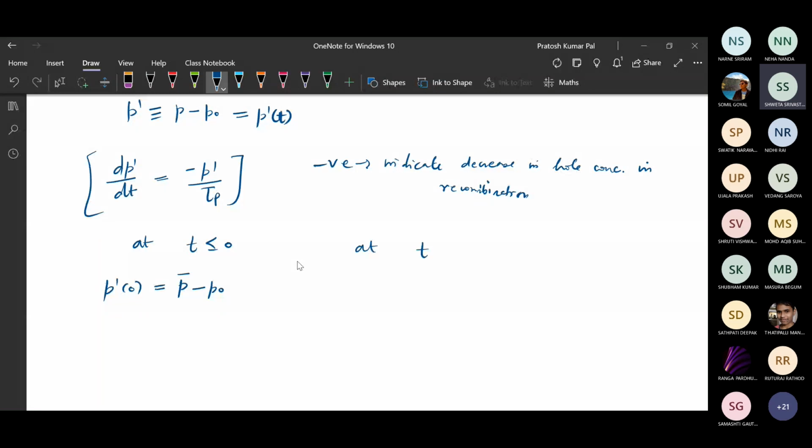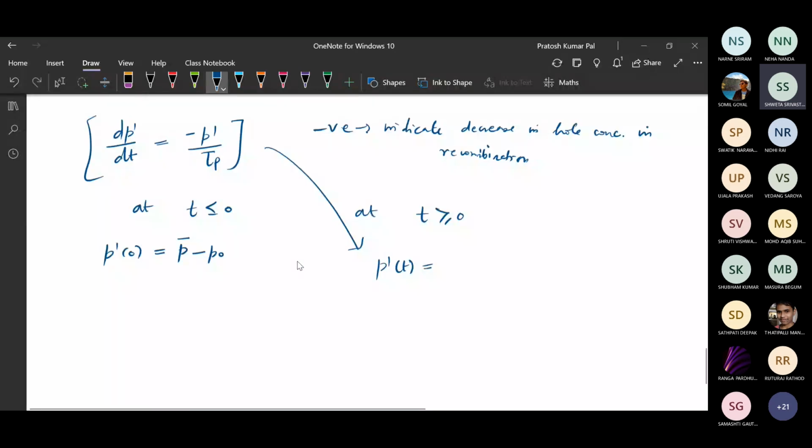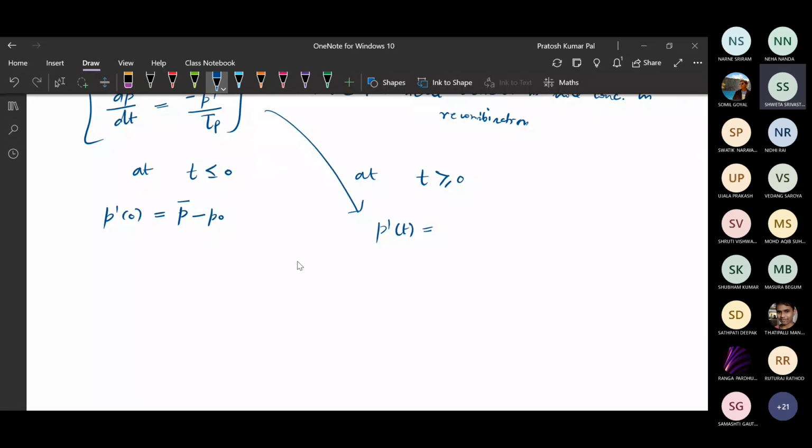The solution to this equation gives how the hole concentration is going to vary. If we solve this differential equation, p dash of t will be the initial p dash value multiplied by e to the power minus t by tau p.